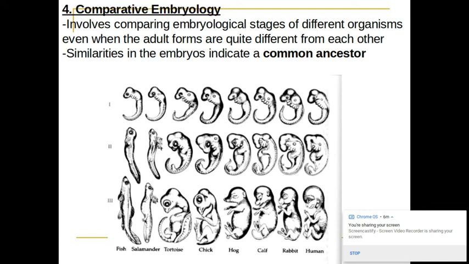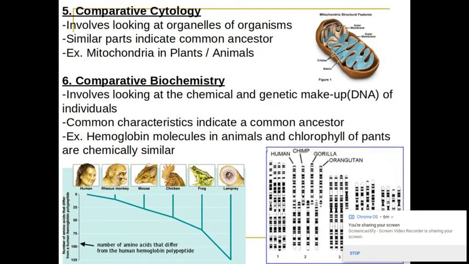We can also look at cells, cytology, comparative cytology. Involves looking at organelles of an organism. Similar parts indicate a common ancestor, like the mitochondria in plant and animal cells. Also, comparative biochemistry. This involves looking at the chemical and genetic makeup of DNA of individuals.